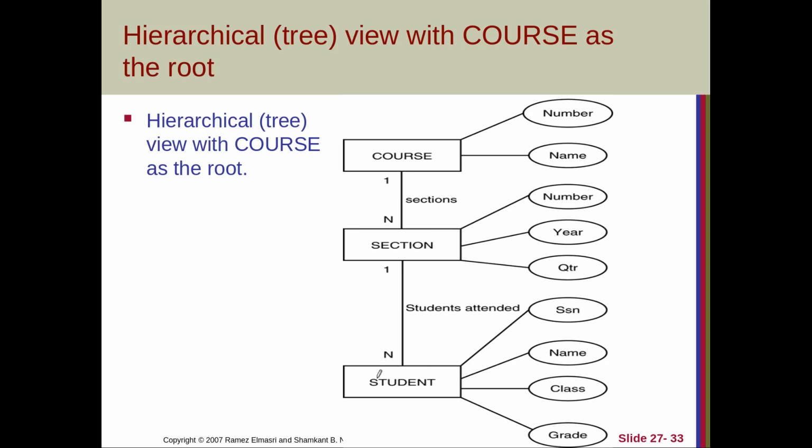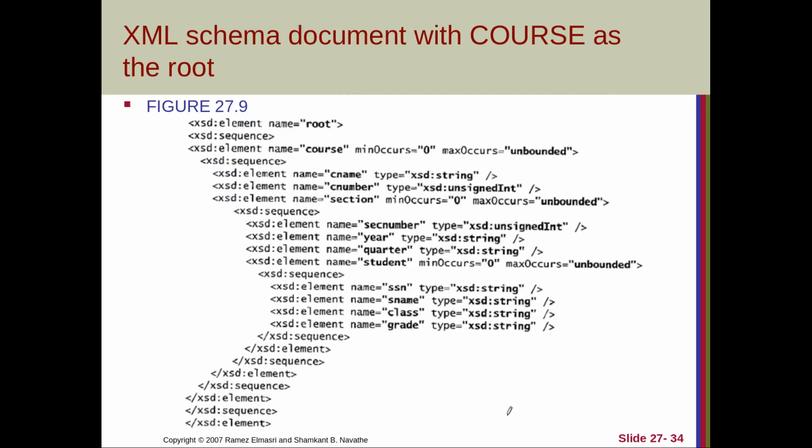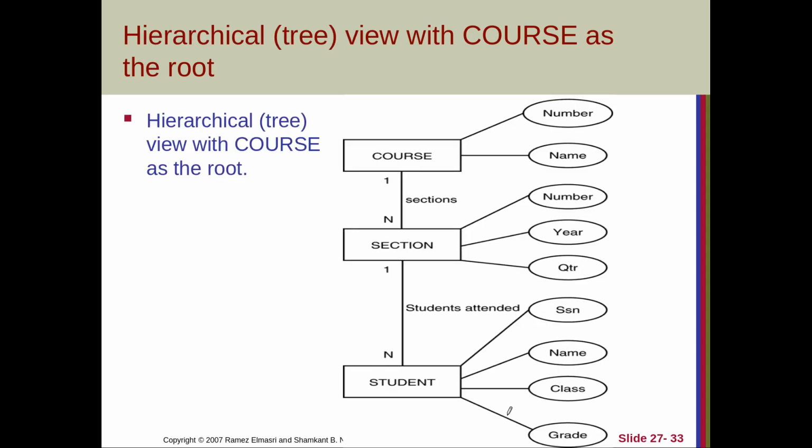So you can see course with attributes and another element, and section with some attributes and another element, and this element student again has some other attributes. How can this simple tree structure of course, section and student be represented by using XML schema?